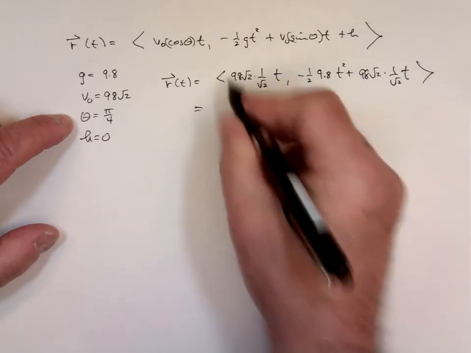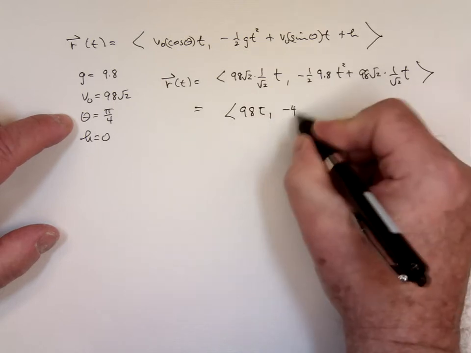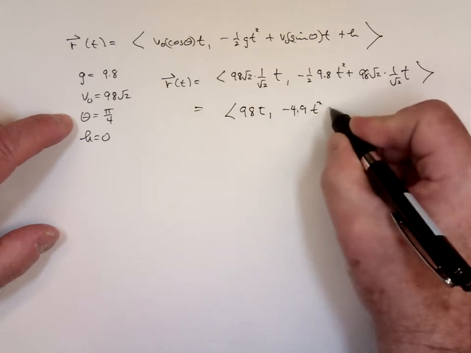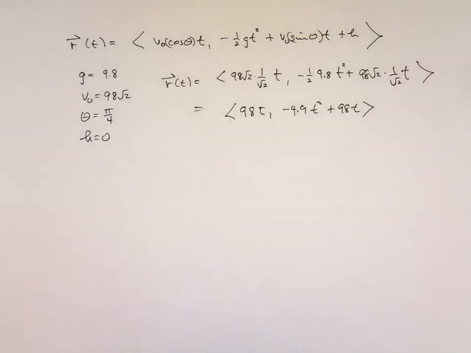Square roots of 2 cancel. Negative 4.9 t squared, and 98t. This is what we have. That's our position at any time t.